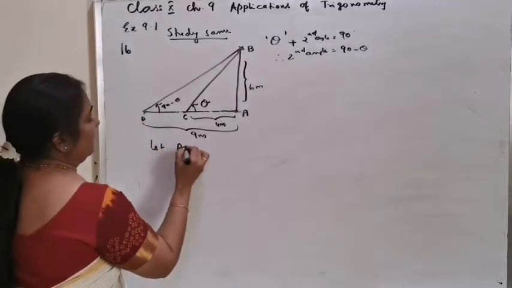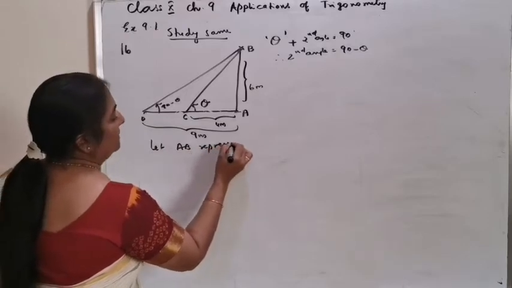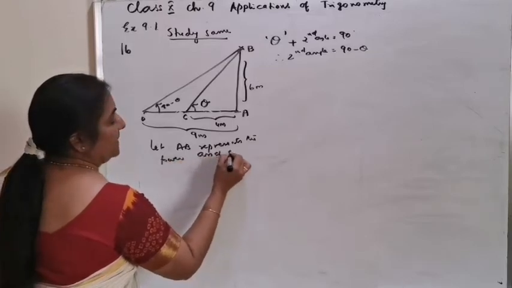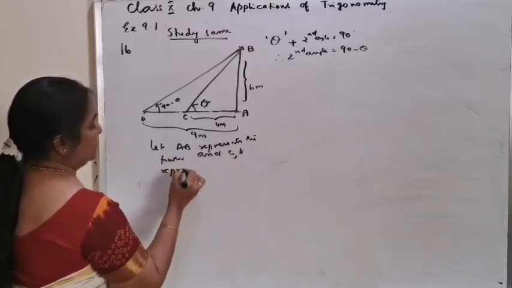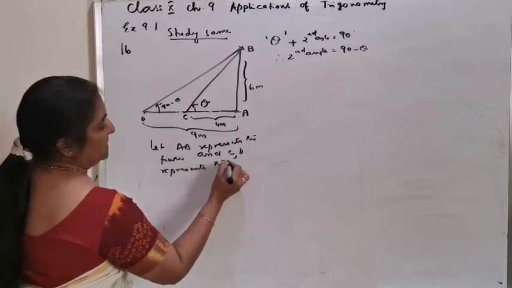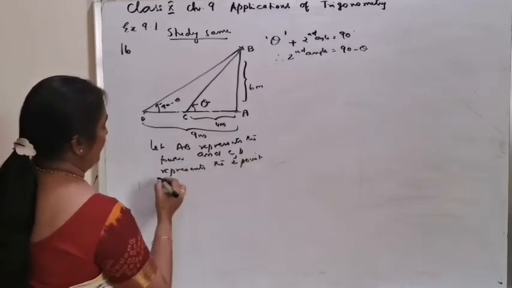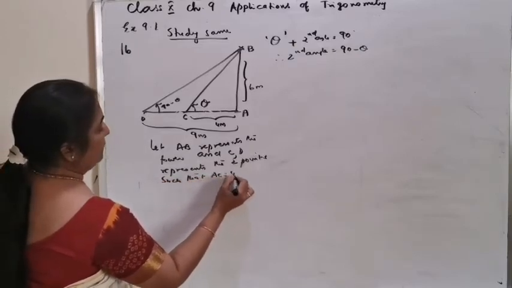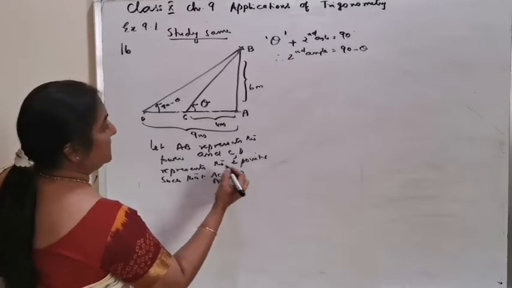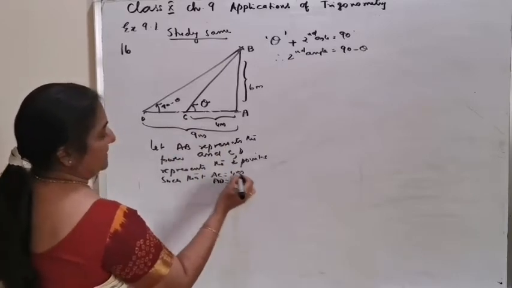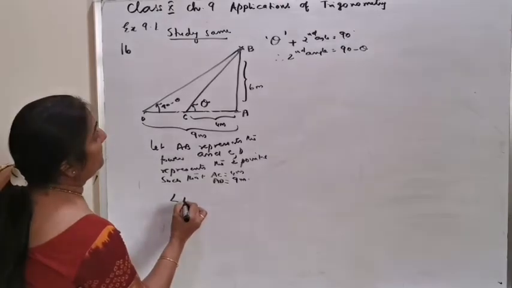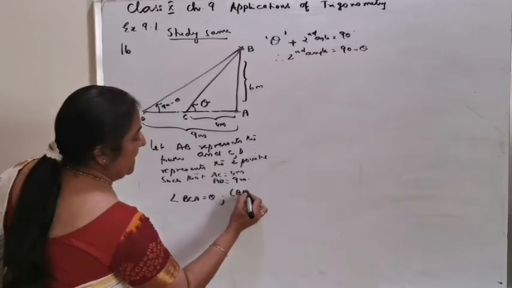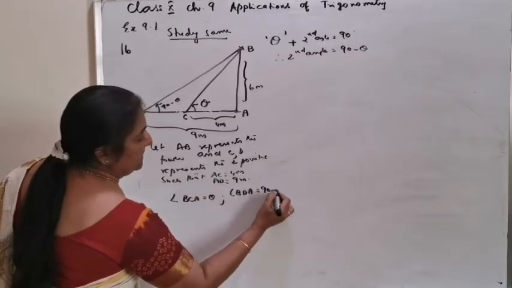Let AB represent the tower, and C and D represent the two points such that AC is equal to 4 meter, AD is equal to 9 meter, angle BCA is equal to theta and angle BDA is equal to 90 minus theta.